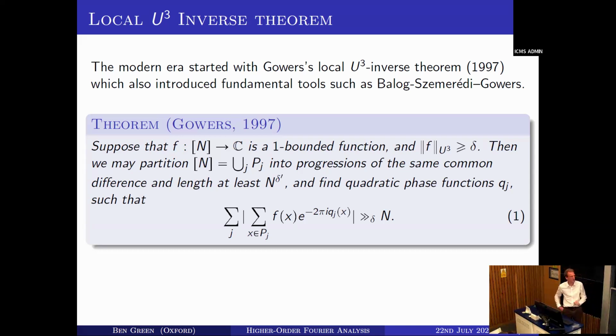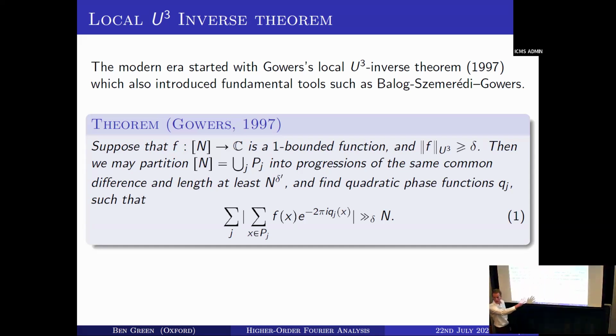So that's the inverse theorem that I showed. And so you've got quadratic behavior, but it's a bit weak because those progressions are fairly short and the quadratics are different on each progression.